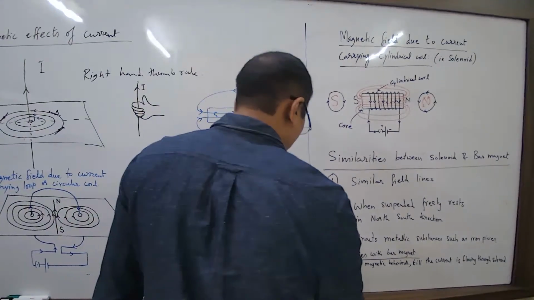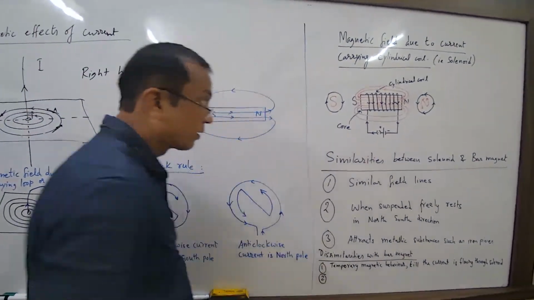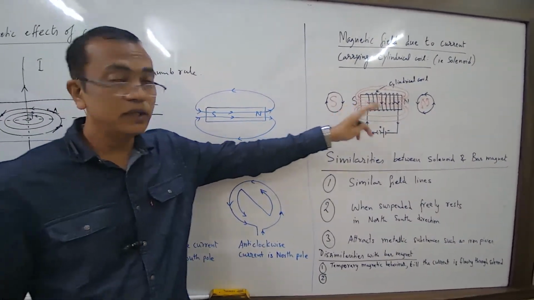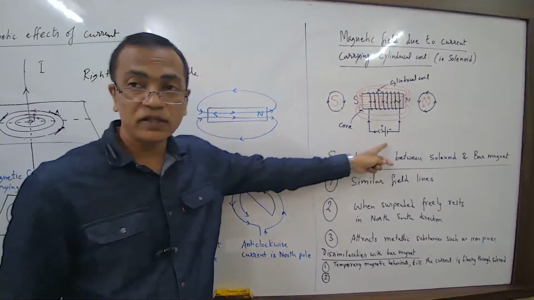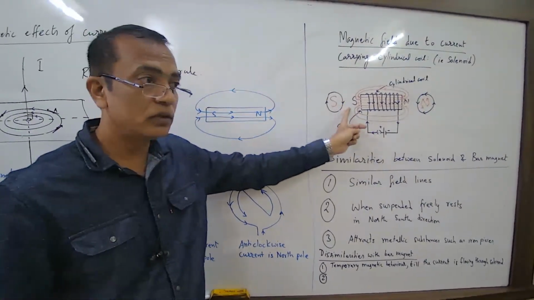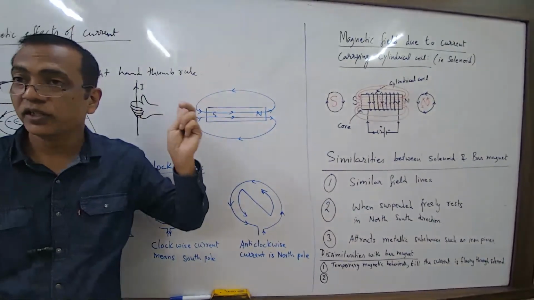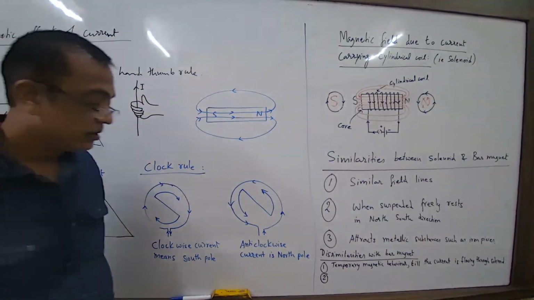Second, its polarities can be changed. Like ये south है, ये north है ना. If you change the direction of current, तो ये क्या हो जाएगा? North और वो क्या हो जाएगा? South. बार मैग्नेट में polarity change नहीं कर सकते, ठीक है.